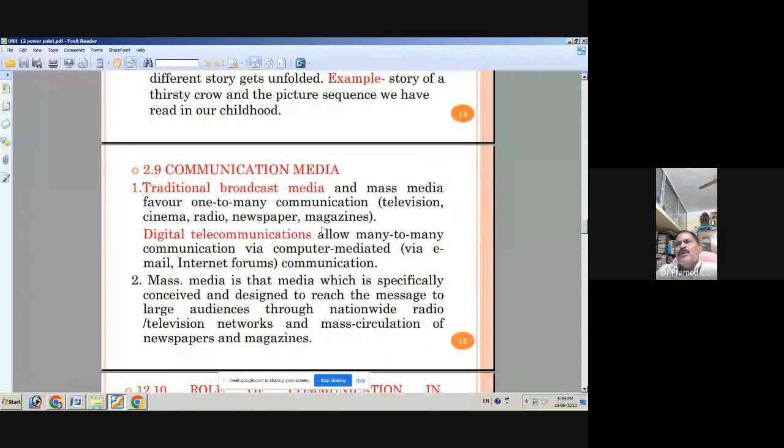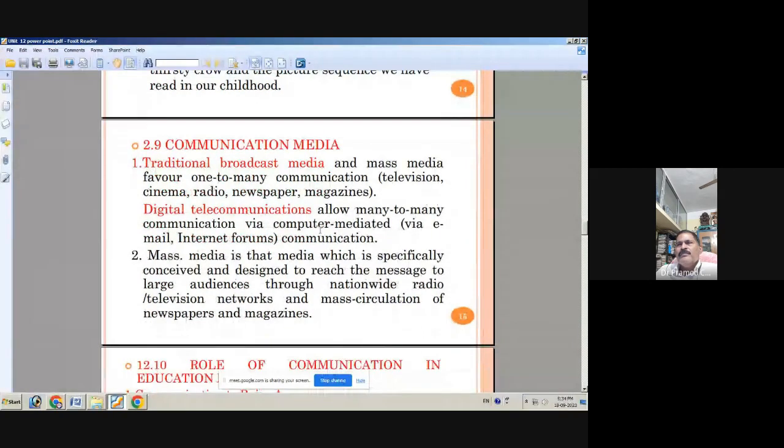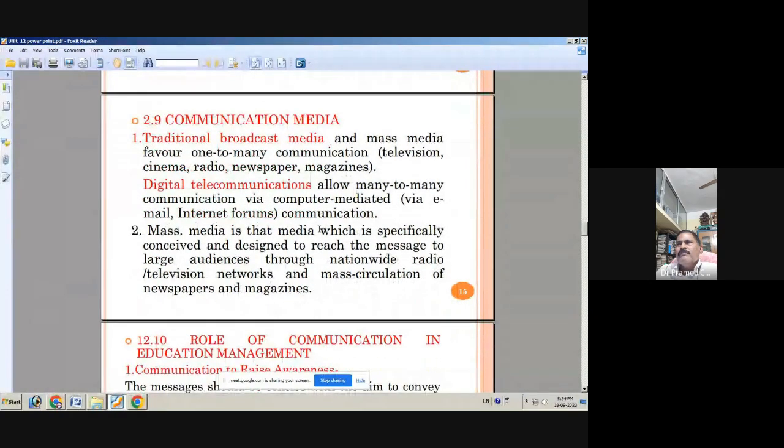Another is communication media. That means our traditional communication media is, you know, television, cinema, radio, newspapers, magazines.